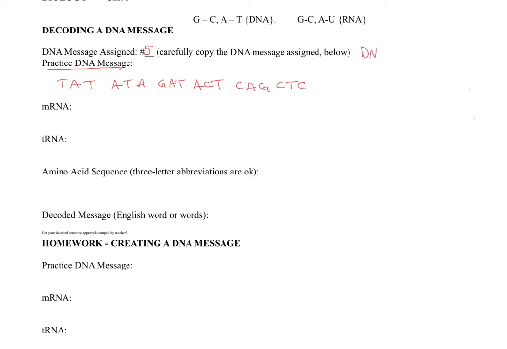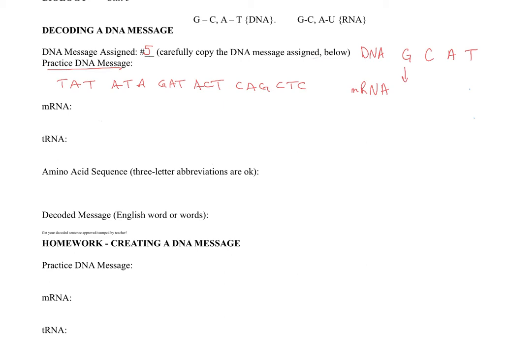Now, what's going to happen is you're going to use what you've learned in class, and we learned that in DNA we have certain bases. Those bases are G, C, A, and T. In RNA, we have certain bases.